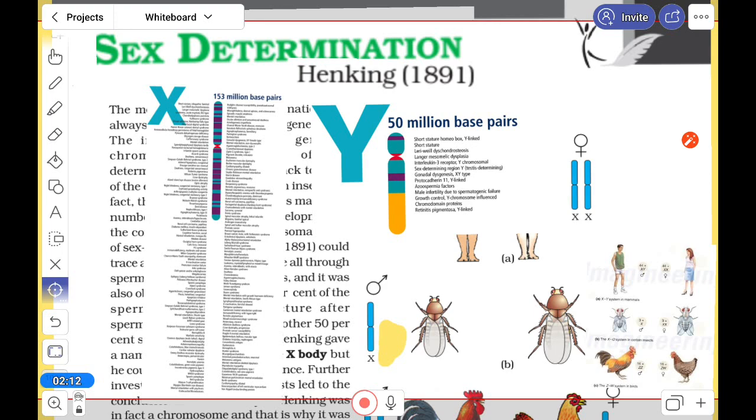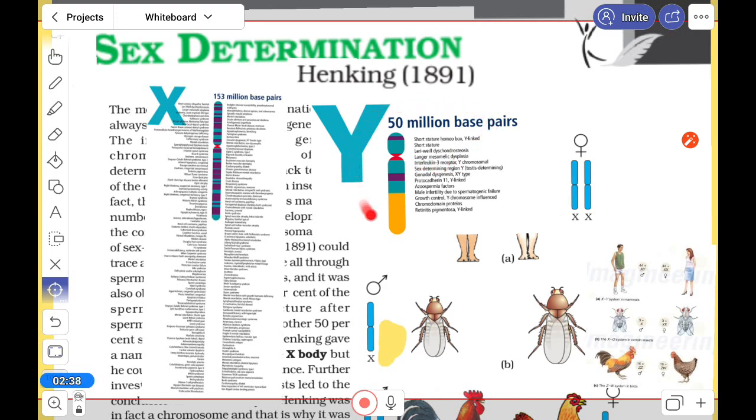In terms of base pairs and in terms of genes, these two are completely different. The X chromosome, the X body, has 153 million base pairs and a huge number of genes, 1000 to 1500. On the other side is the Y chromosome.